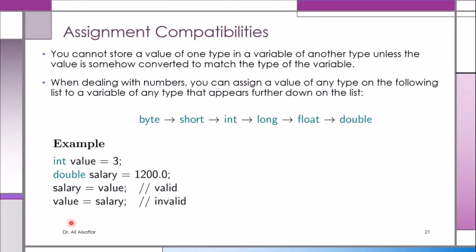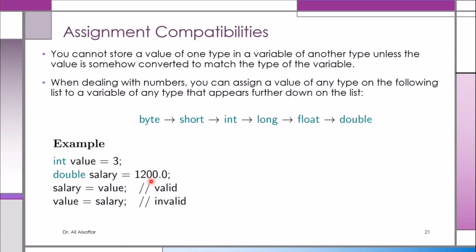However, if you switch, if you want to move salary into value, salary is defined as double and value is defined as integer. So you are moving double into integer and it is not allowed because double is on the right hand side of the list, larger than integer. So this is invalid. But if you really want to do this, see, the value for salary is 1,200.